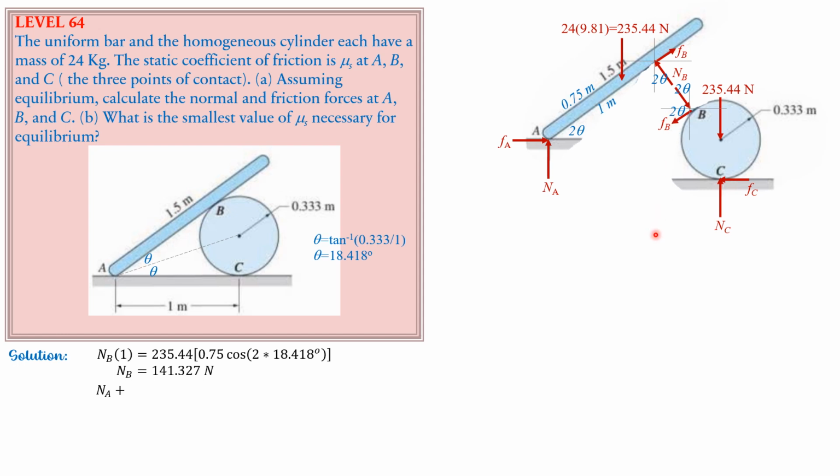So summation of forces y equals 0 from this free body diagram, NA plus NB 141.327 cosine of 2 theta, so cosine of 36.836, then plus vertical component of FB sine of 2 theta, then minus 235.44 equals 0.